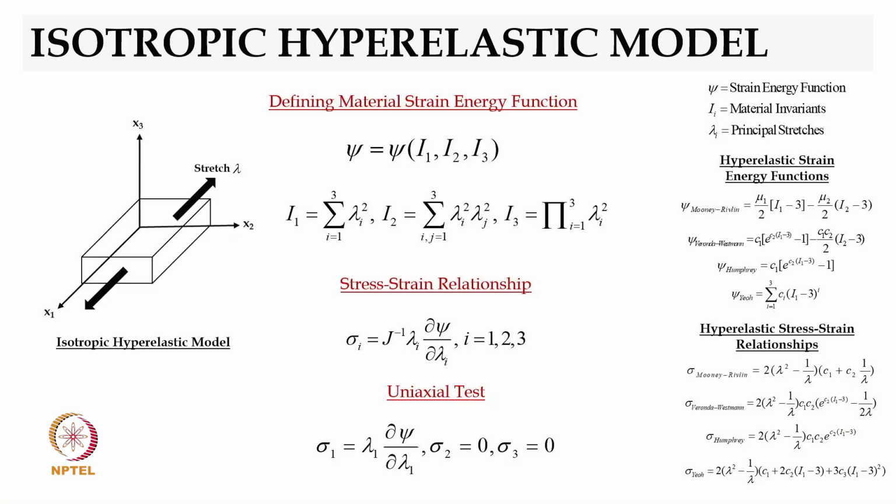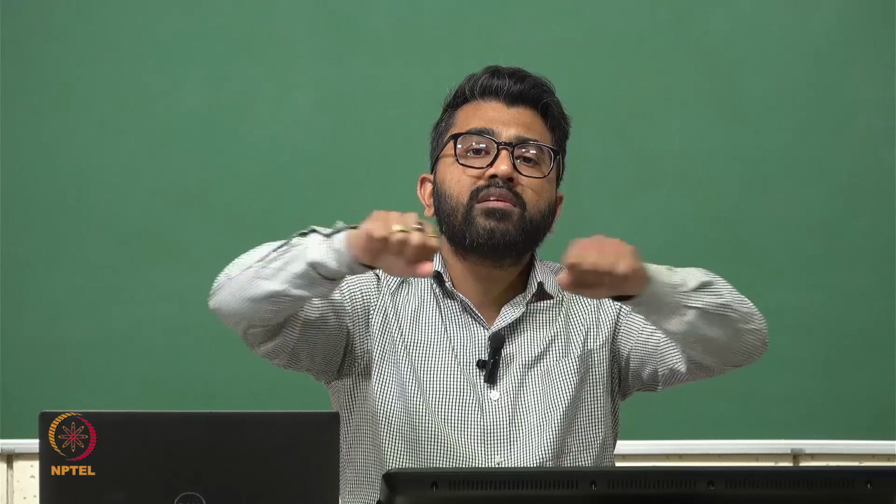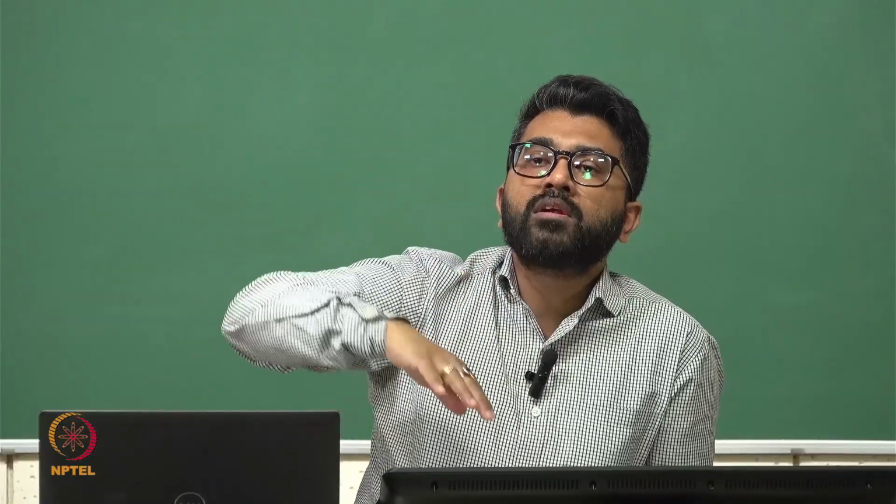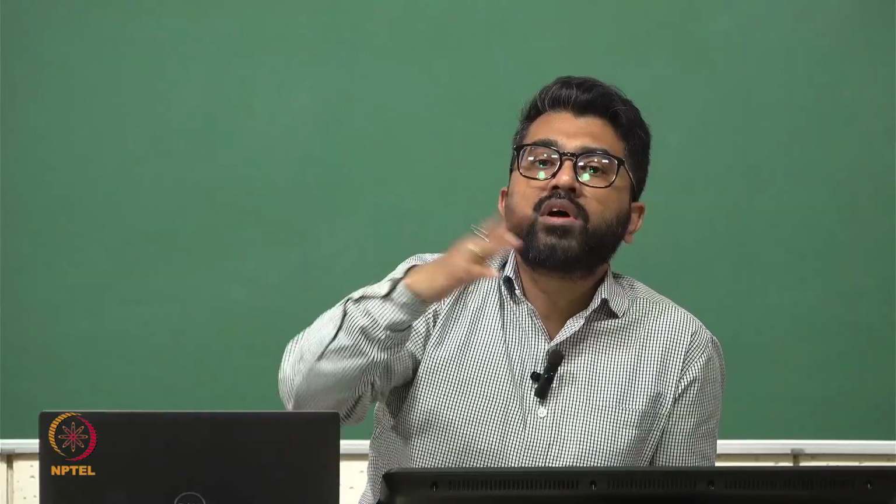So let's take a look at the figure on the left side. Here we are looking at an isotropic system. What is an isotropic system? Isotropic means, and we have worked with quite a bit of isotropic materials, that whether I pull this material along the x-axis, the y-axis, or the z-axis, it's going to give me the same results. That means the material property doesn't change when we go from one axis to another.